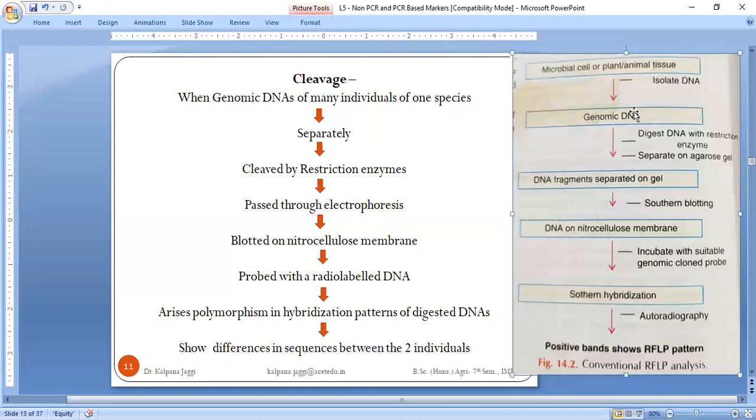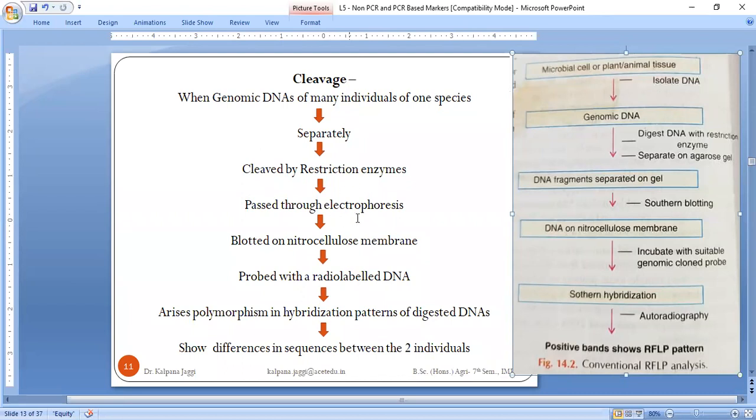The DNA that is isolated is said to be genomic DNA. When genomic DNA of many individuals of one species are separately cleaved by restriction enzyme, they are passed on to the electrophoresis, that means separated onto the agarose gel.